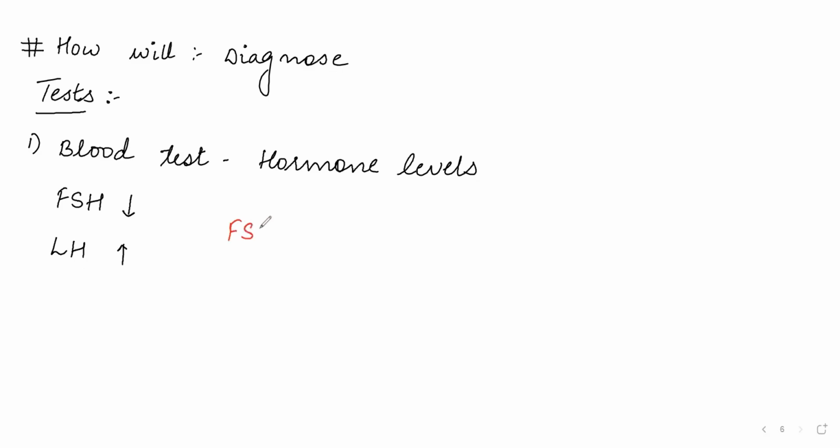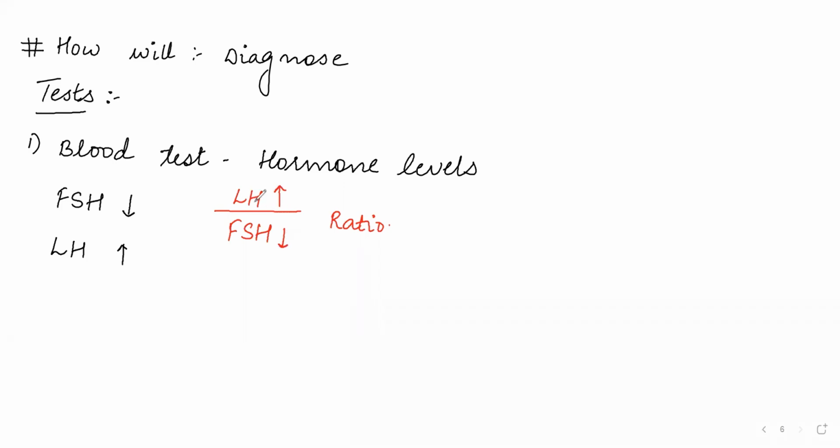Another important parameter is that the treating doctor will also check the ratio of LH and FSH. Now, in a PCOD female, LH will always be more than normal and FSH will be less than normal.